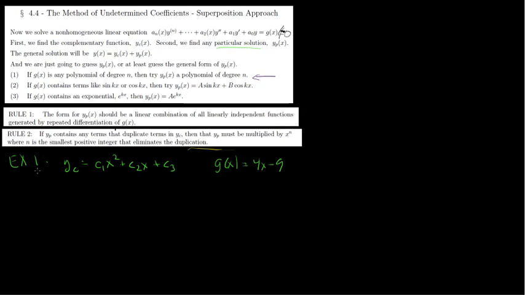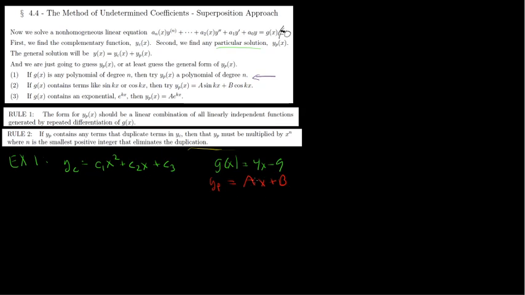Ordinarily we would assume that because this is a linear function, our particular solution should be of the form ax plus b, because that's linear here. Unfortunately, this is not going to work, and some of you may have come across this, especially in the homework or if you were doing number 4 on the problem set.